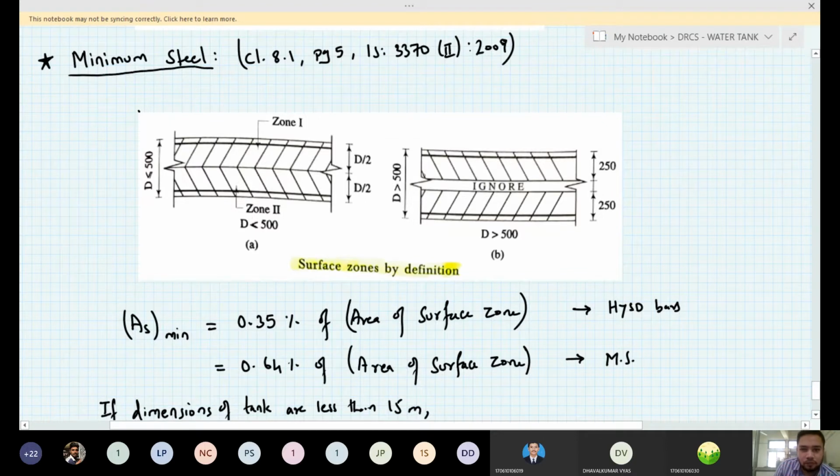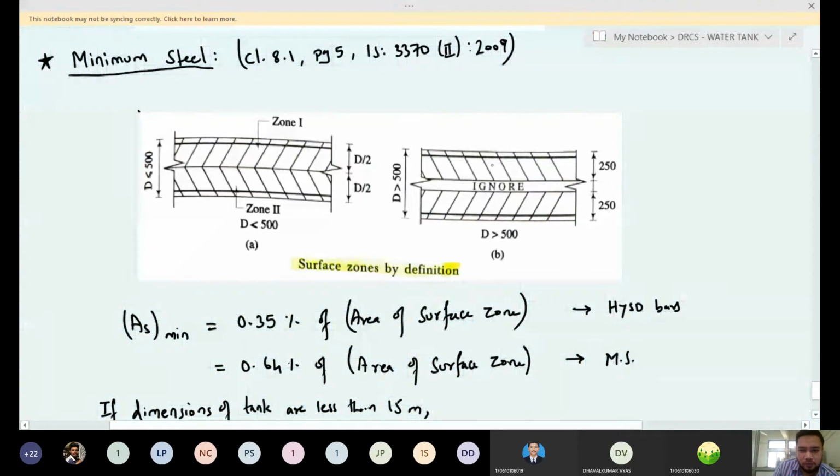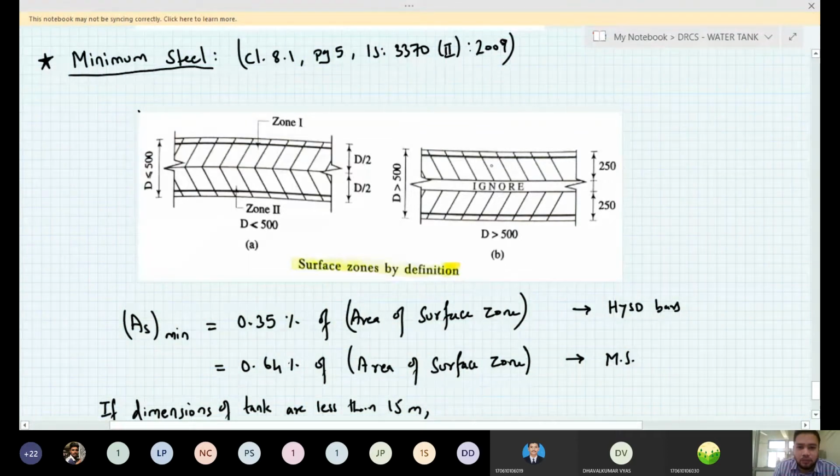Now in case the depth is more than 500, let us say 600 mm, then the top 250 mm is the portion for which you have to find the minimum steel. That is, this portion is the area of the surface zone, and this is the area of the surface zone. Okay, and the remaining inside, no need to provide steel, because the temperature stresses are ignored there.